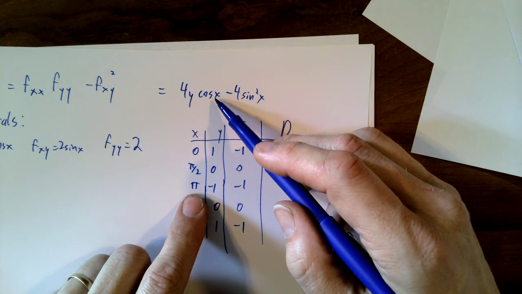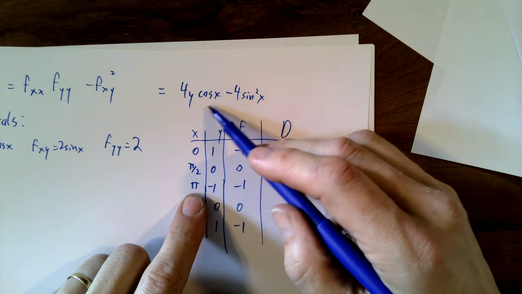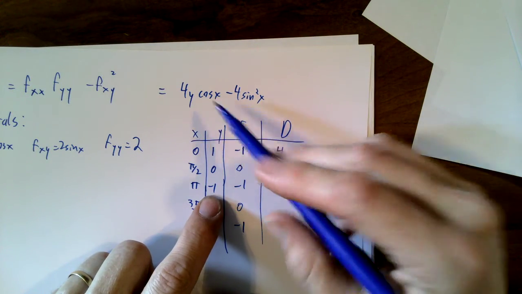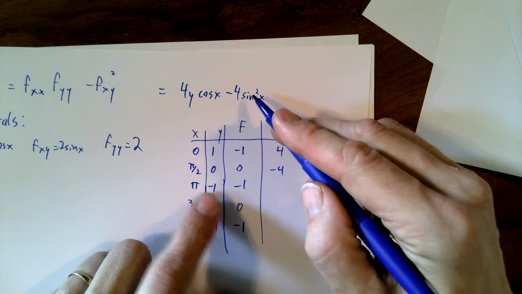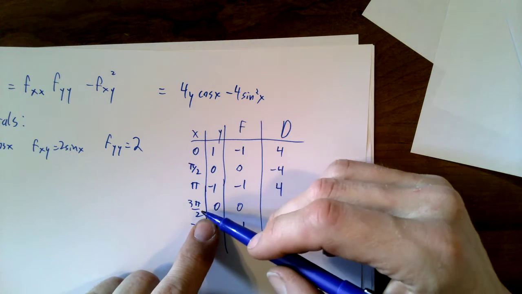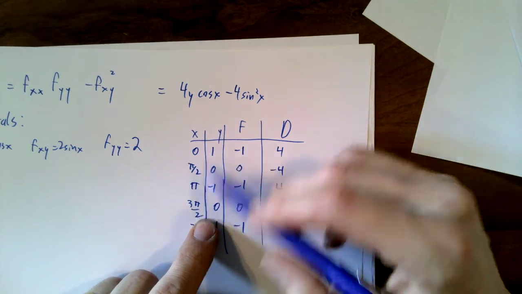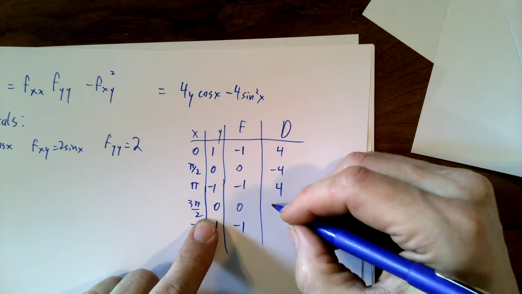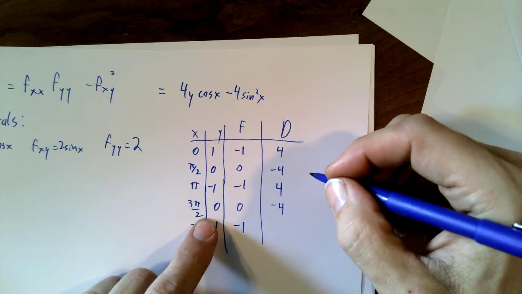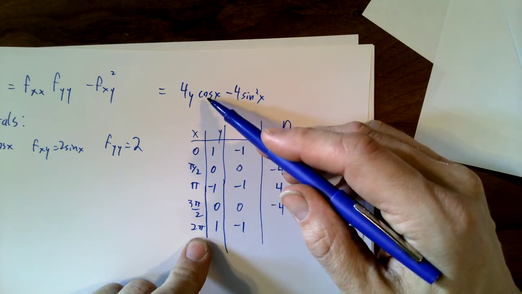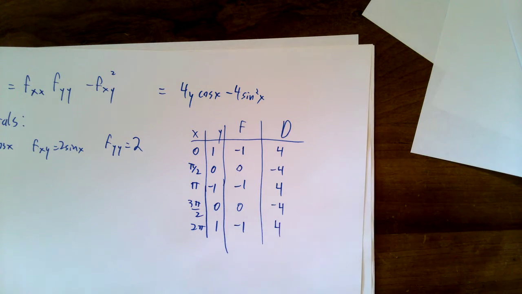If x is pi, cosine of pi is negative 1. This is 4 times negative 1 times negative 1 is 4 minus 0, so that's positive 4 again. 3 pi over 2, cosine is 0 again, sine is negative 1, but it's being squared here anyway, so I got negative 4. I'm doing this kind of quickly, but if I got 2 pi, this is 0, and this is 1 times sine is positive 4 again.